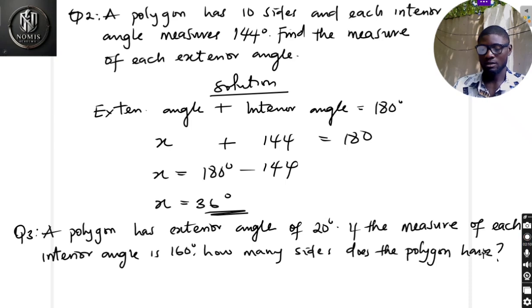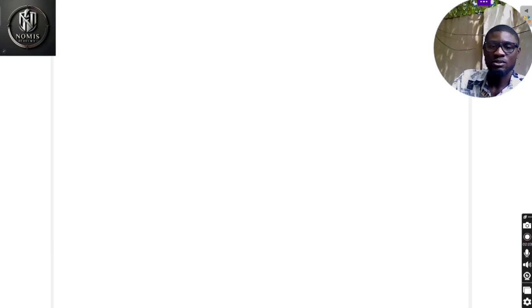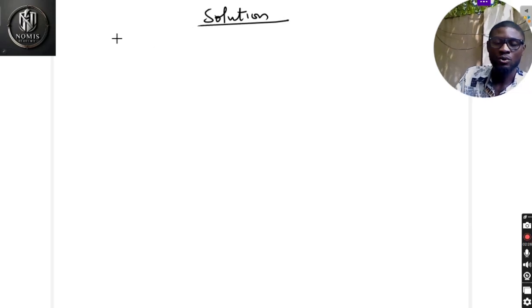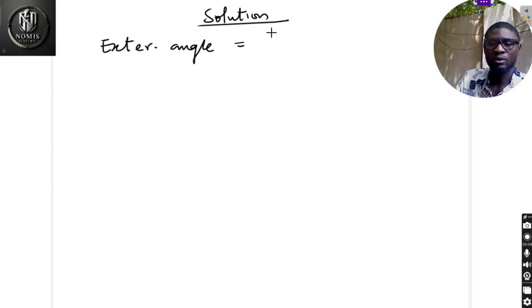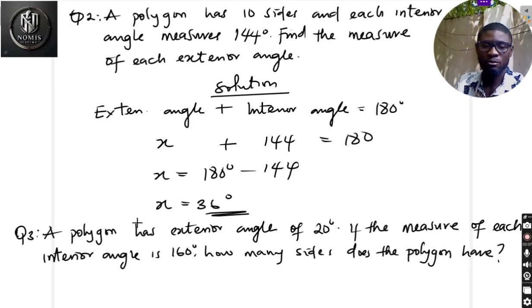There is nothing difficult to do here. So let's get to the next page. So the solution. We know that the exterior angle of a regular polygon is 360 divided by n, and the exterior angle has been given in the question.